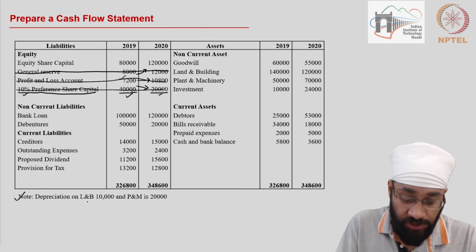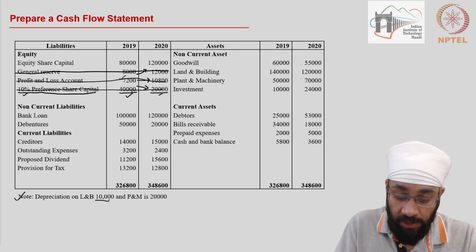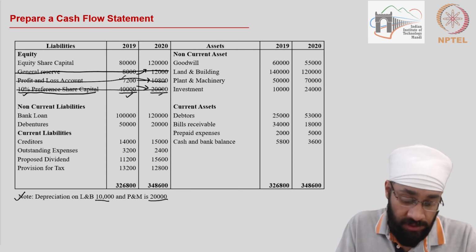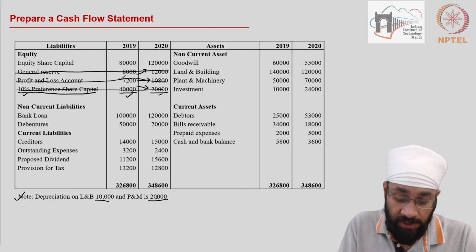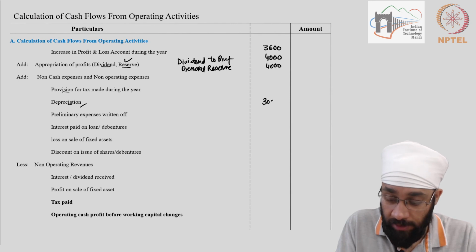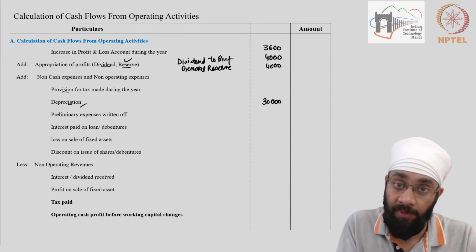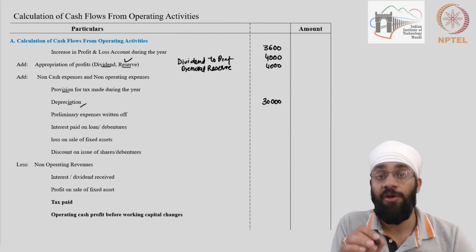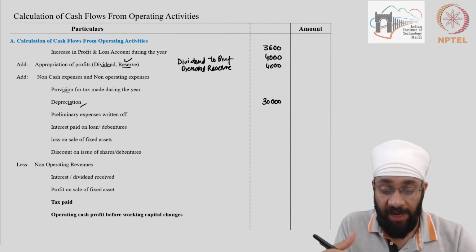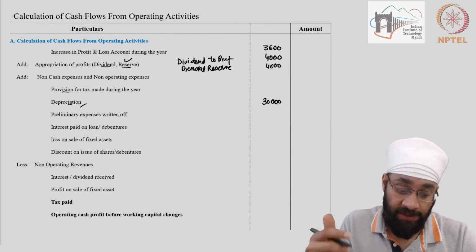It says depreciation on land and building is 10,000, plant and machinery is 20,000. So we can simply pick these numbers and say depreciation during the year is 30,000. We have to add it back because we did not pay this money to anybody and we are after cash operating profit. So we will add this non-cash expense back.